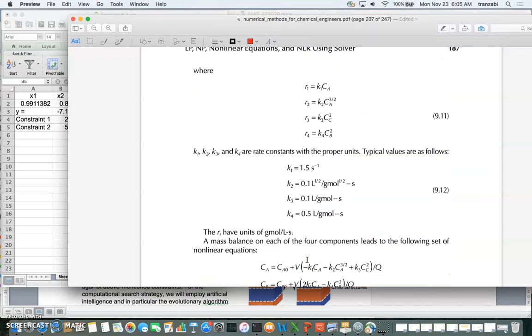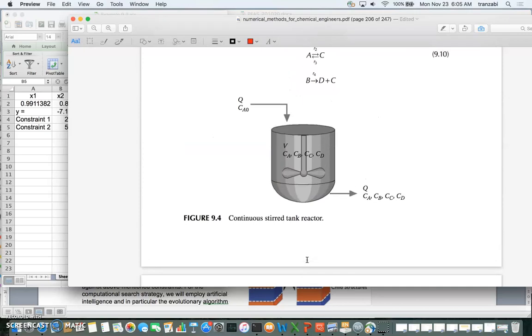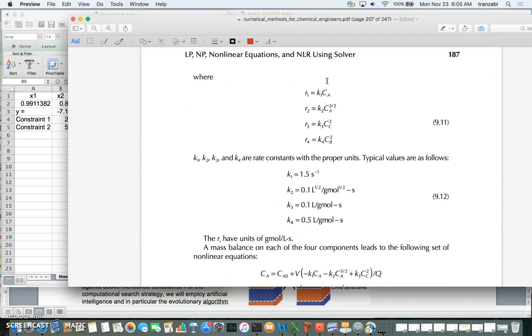Well, we look at every equation and write the corresponding reaction for each. Because for the first one, it says A goes to 2B, so the reaction would look something like this.